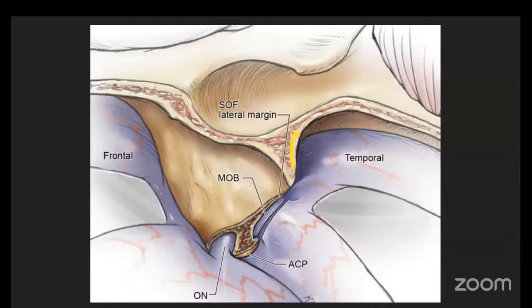I was regretting today that I don't have any pictures from when we used to rongeur this. So we rongeur this off, and you see that this space is quite narrow because this bridge of bone is butting in and creating a tight space between the frontal and the temporal lobe, and the anterior cranial fossa and the middle cranial fossa.